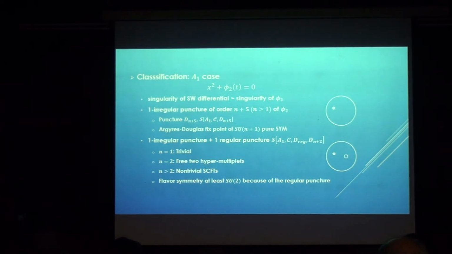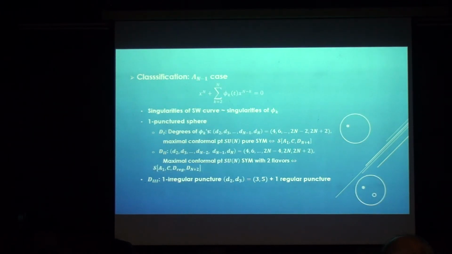Okay, any more questions? So here you need some higher order to make the Seiberg-Witten differential more singular. For the AN case, we also have a classification of the one irregular puncture case, or one irregular puncture with some regular punctures.